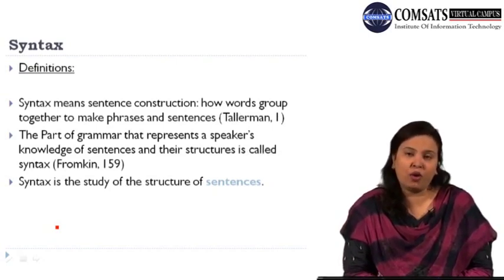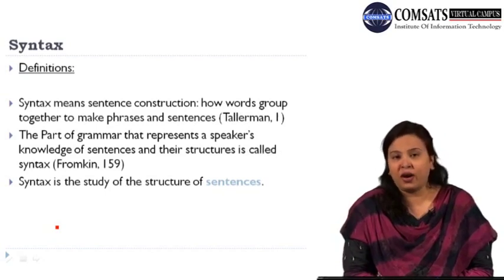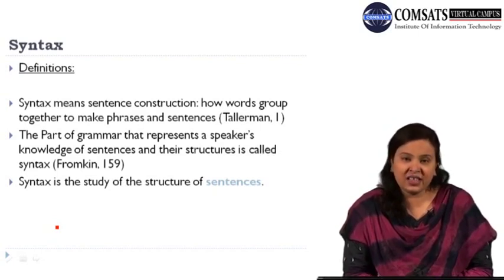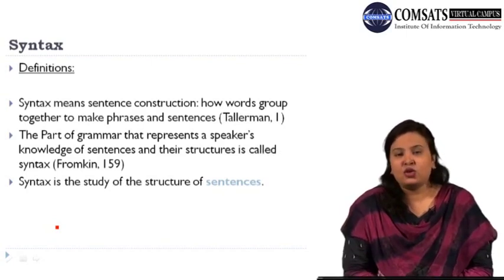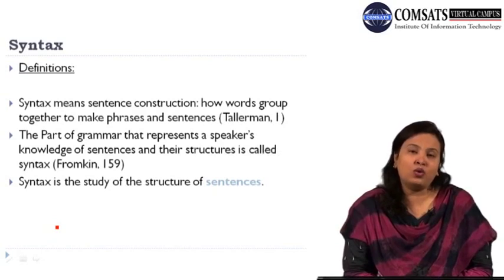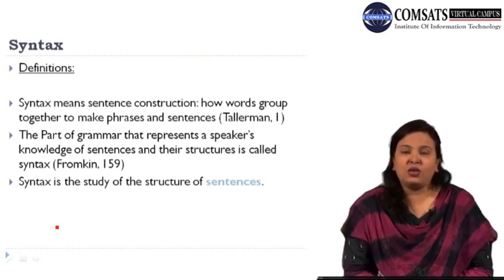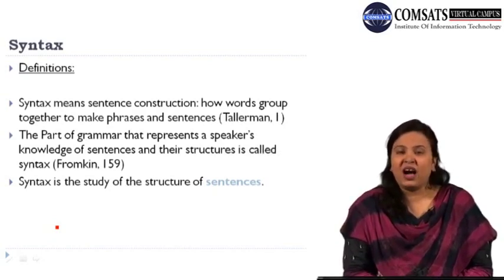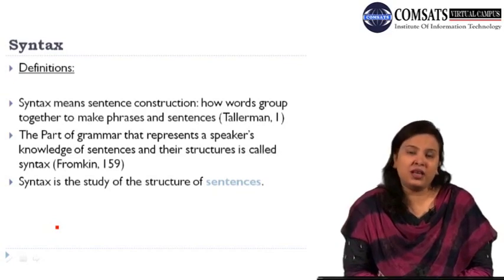Another definition, by Fromkin, is that the part of grammar that represents a speaker's knowledge of sentences and their structures is called syntax. So according to Fromkin, syntax is all about sentences, how they are formed, created, and arranged in certain sequence to get certain meanings.